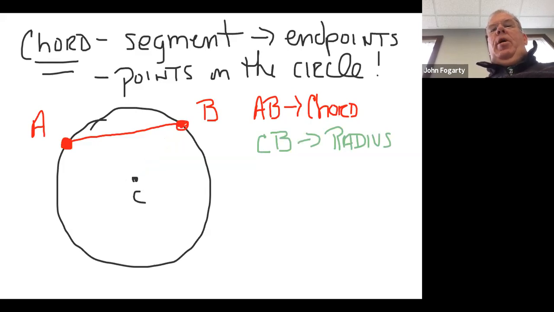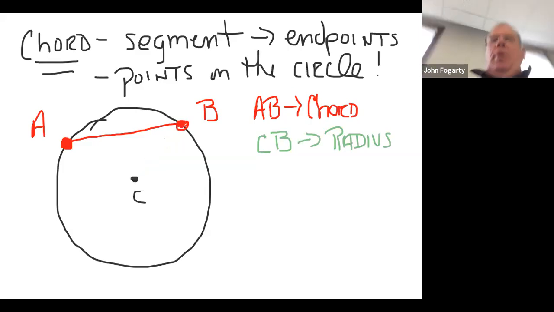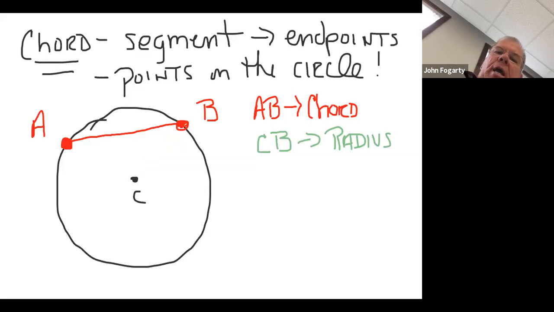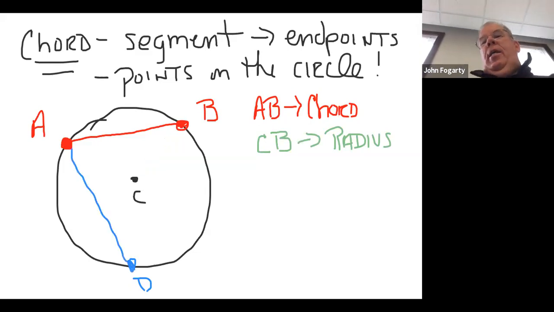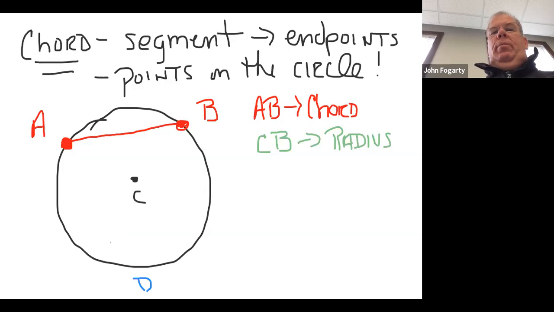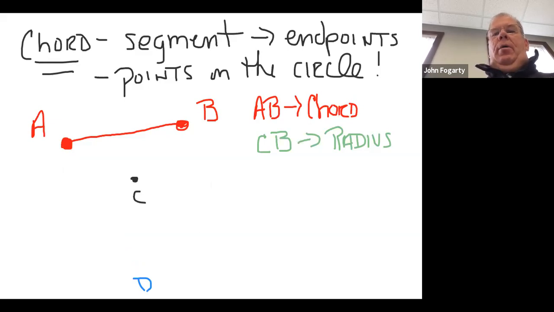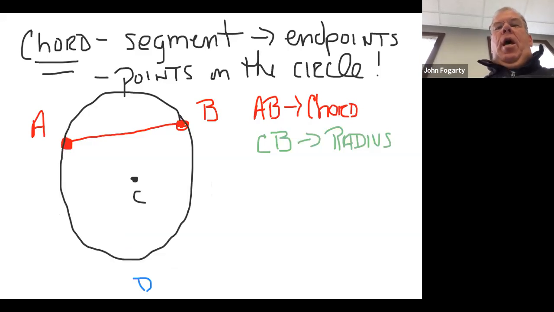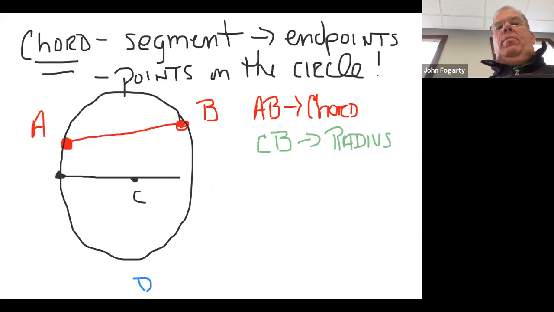Now, there's plenty of chords, fellas. I can take point A and connect it to point D, and AD would also be a chord. But now I'm going to draw one more. Look at this that I'm going to draw right here.